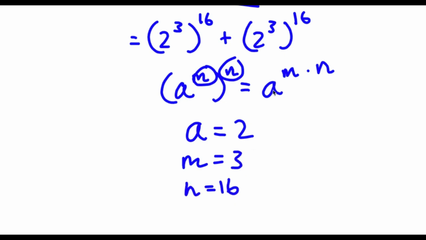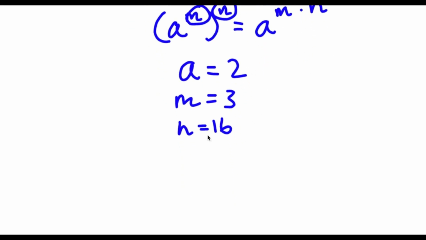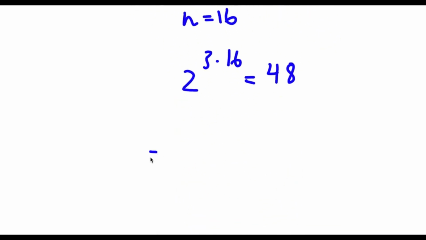This equals a to the power of m times n, so 2 to the power of 3 times 16, and 3 times 16 is 48. So now I have 2 to the power of 48.